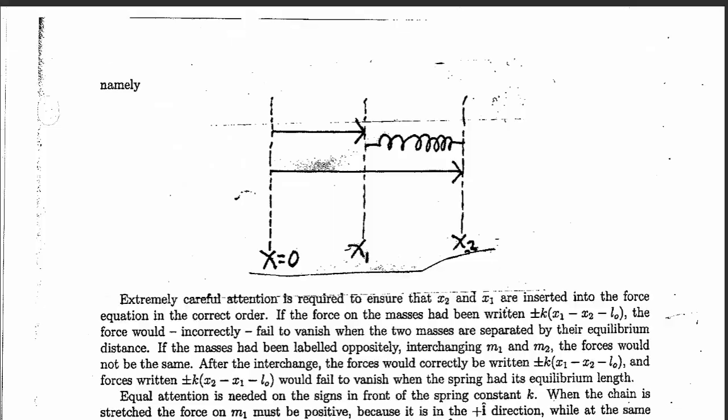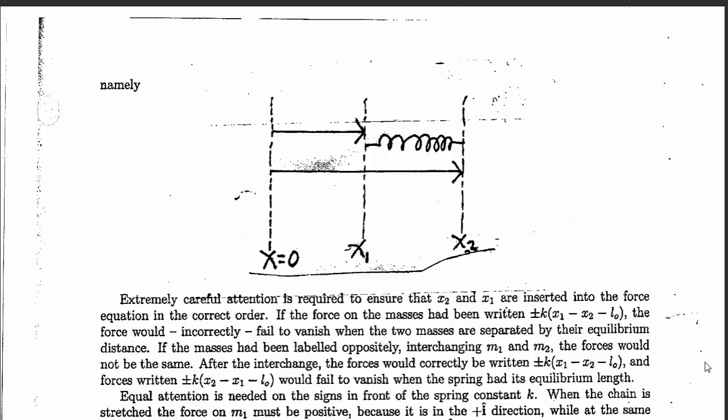And here we have an example. There is a spring with x1 and x2, and I've put x2 and x1 in a natural order, so if you say the length of the spring is x2 minus x1, the length is a positive number and everything works. What if you get it backwards? What if you say that the length of that spring is x1 minus x2?